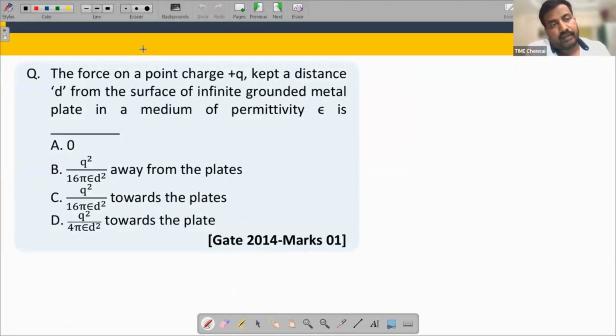This is a topic on method of images. Try and solve this.